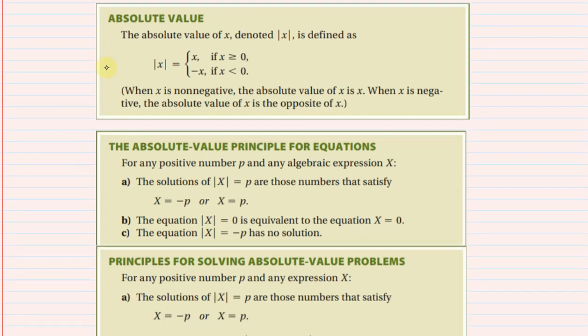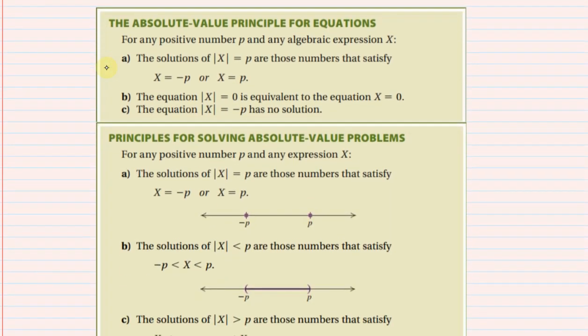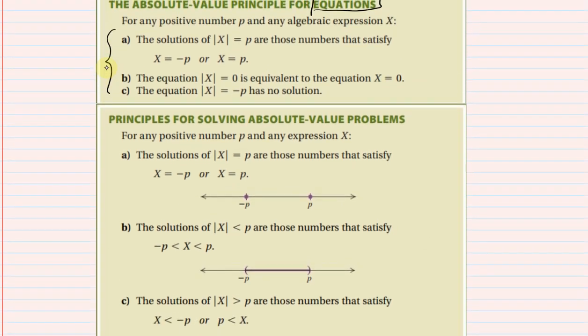Now here we're going to have a series of statements. These principles, the top 3, the first 3, the ABCs, are equations that involve absolute values, and the bottom 3 involve absolute value equations and inequalities. In this case, here's the equation, and these are the inequalities.